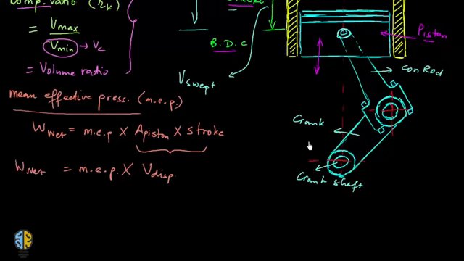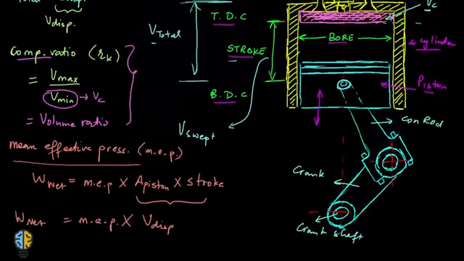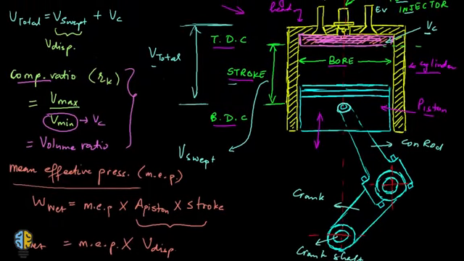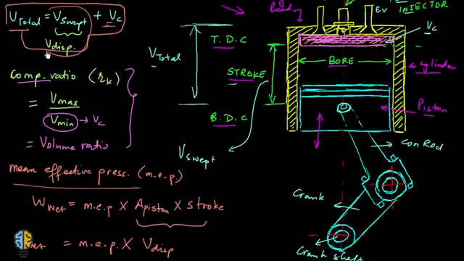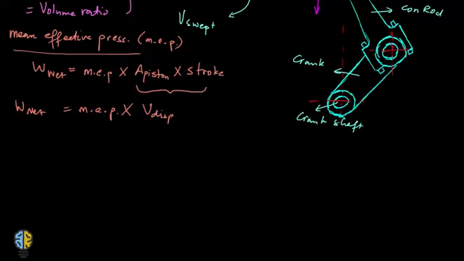Now if you look at this equation over here, the total volume is the maximum volume that your working fluid can occupy, and VC is the minimum volume that the working fluid can occupy. So if you subtract the total volume minus the clearance volume, you would get the displacement volume. Okay, so let me rewrite this.